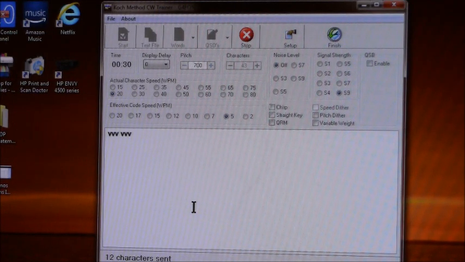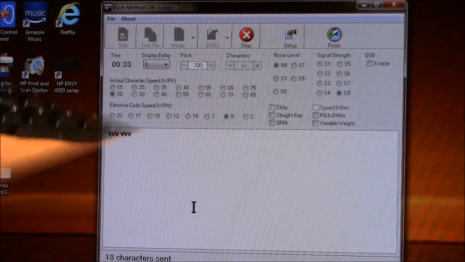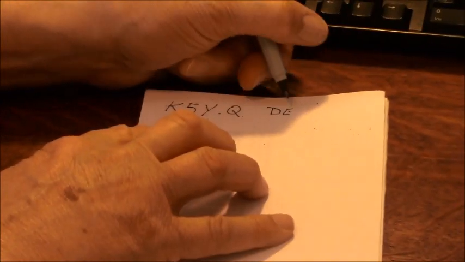Oh gee, I missed that. I put a dot. DE means this is.